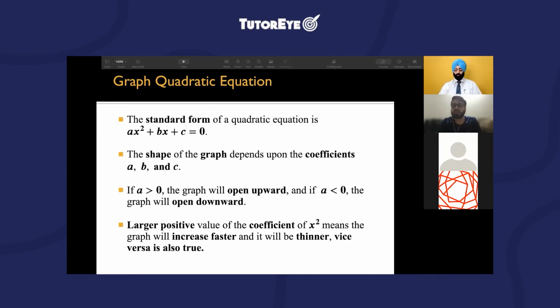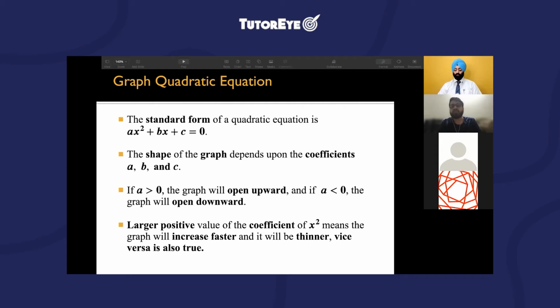As we learned earlier, the standard form of the quadratic equation is ax square plus bx plus c. The coefficients a, b, and c define the whole graph which has to be made for that quadratic equation. So a will define whether the graph will be opening upwards or downwards.